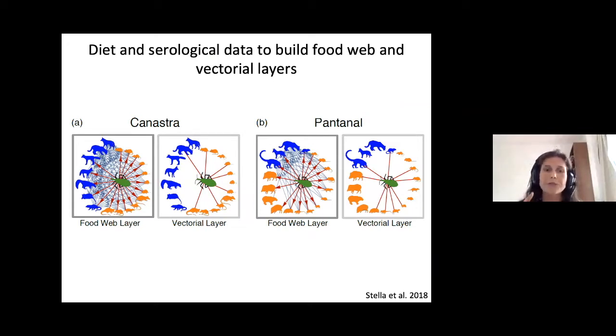I'm showing you the 2 different environments that we modeled, the Canastra and the Pantanal. And you can see that they have different multiplex structures. These structures differ in both layers, the food web and the vectorial layer. You can see the Canastra has a much more connected food web layer than Pantanal, and different interactions in the vectorial layer.